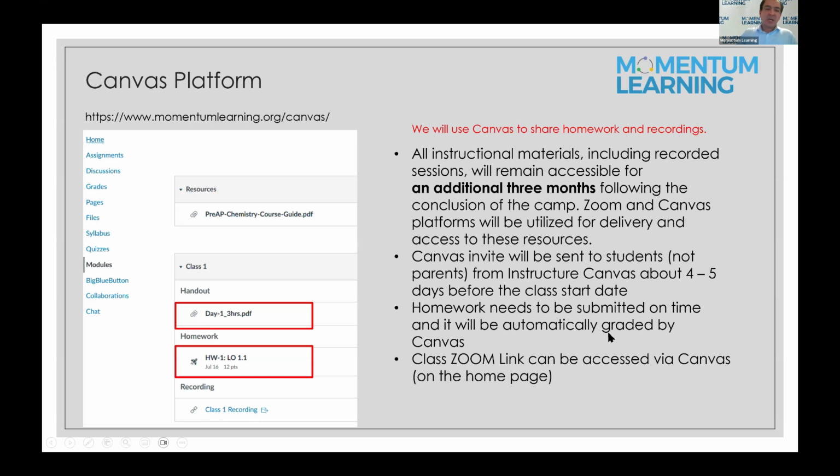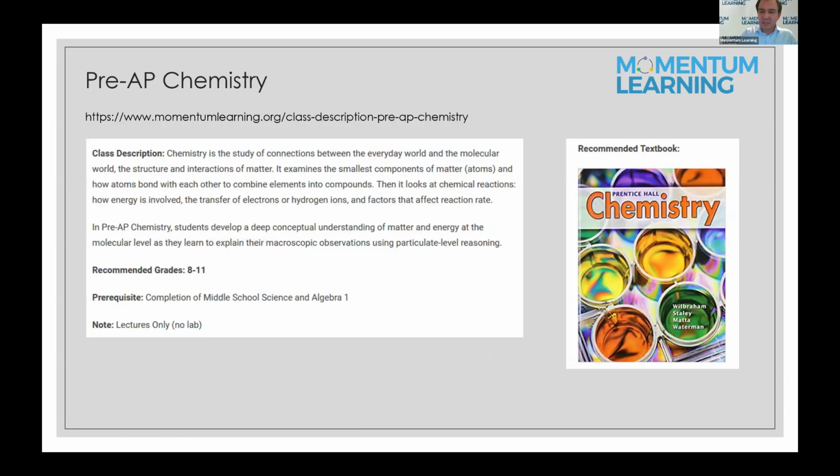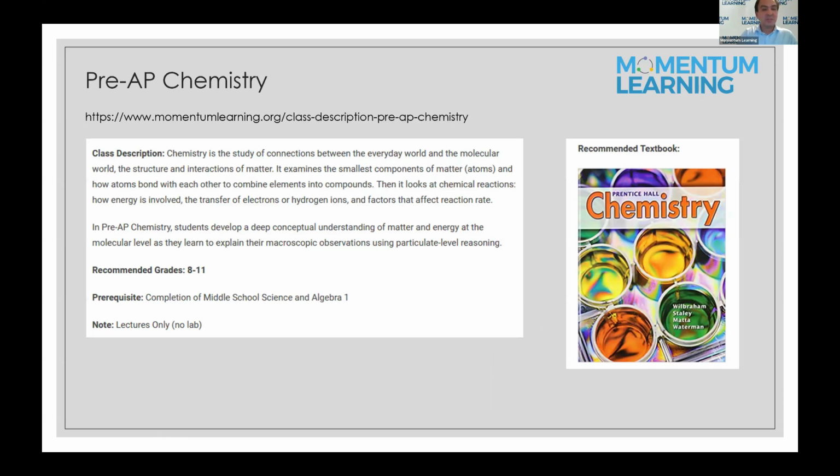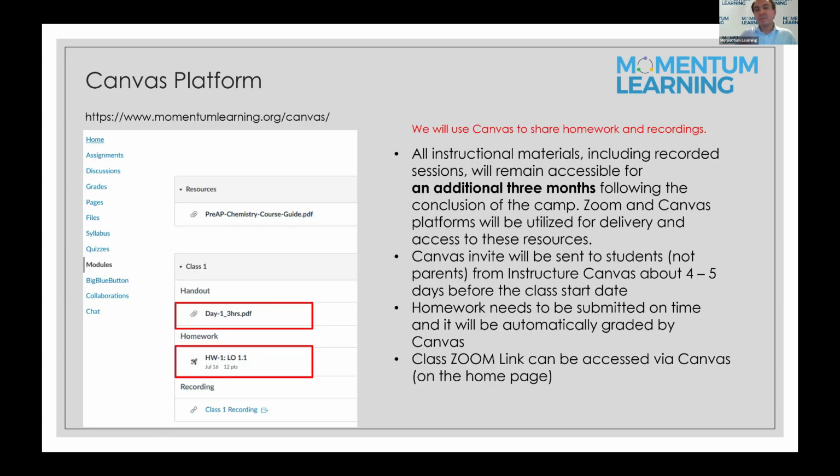So what was the deadline for this one? It is ending at December 5th. So after December 5th, for another 3 months, all the resources will be available to students. Whenever students submit their homework, it will be automatically graded. Immediate feedback will be given to students.